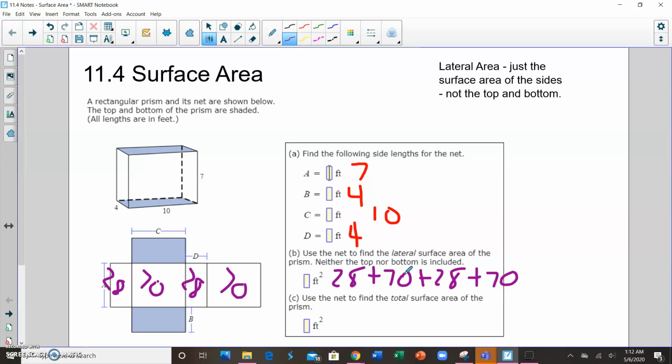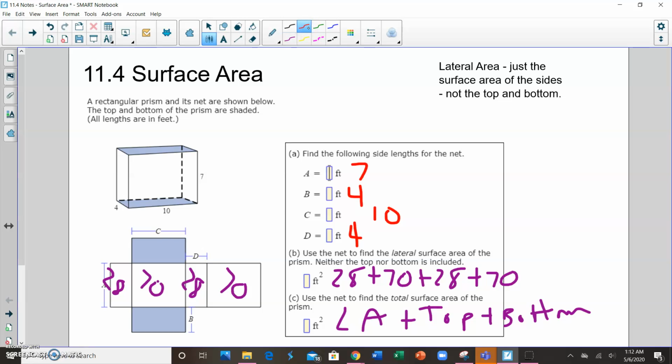So the last part is what is the surface area? To find the surface area, we take the lateral area from above, and then add the top plus the bottom. The top is going to be 40, and the bottom is also 40.